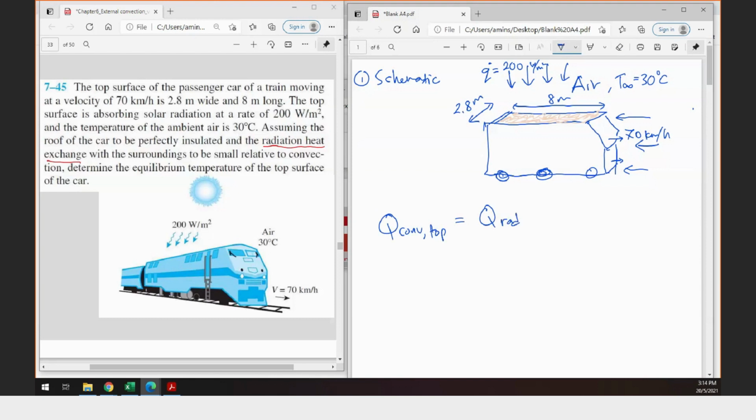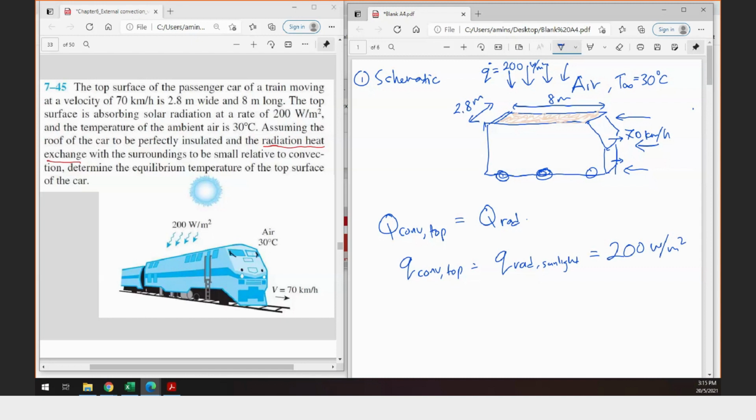And since this is giving you the area, basically Q convection at the top equals the Q radiation by the sunlight, and this equals 200 watt per meter squared. This is what this word is meaning: assuming the roof of the car to be perfectly insulated and the radiation exchange with surrounding to be small relative to convection. So the convection that occurs in the top surface is mainly due to the radiation of sunlight.